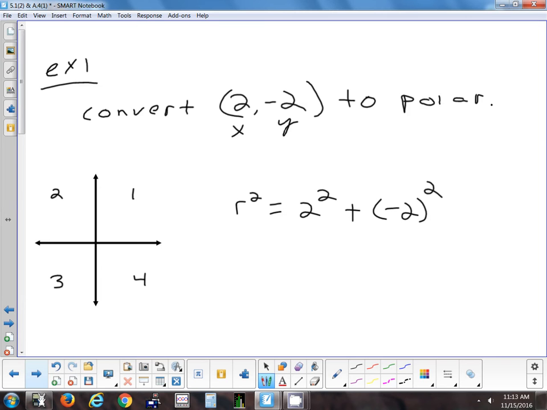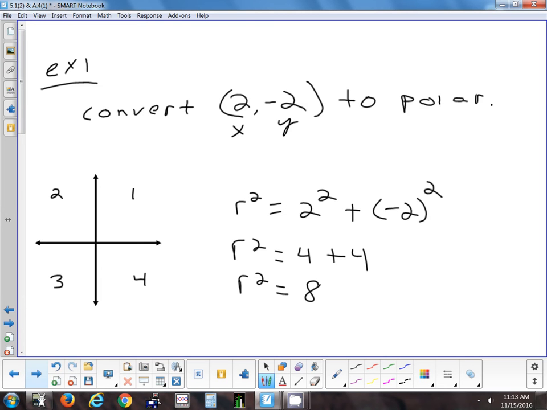Even though that's a negative, it doesn't really matter because when we square it, it's going to disappear. All right, so Brian, what's 2 squared? And a -2 squared? Yep, it's also 4. Mistake some people do there is they write -4. Don't do that. Okay, so r squared equals 8.